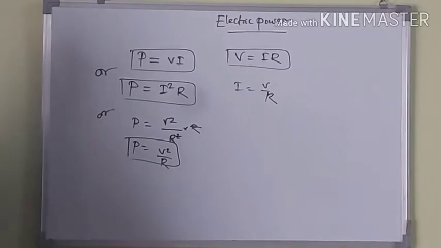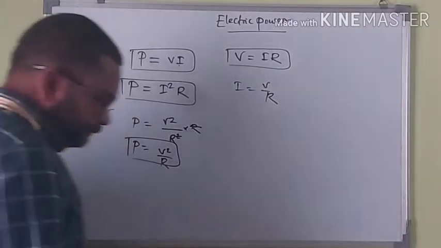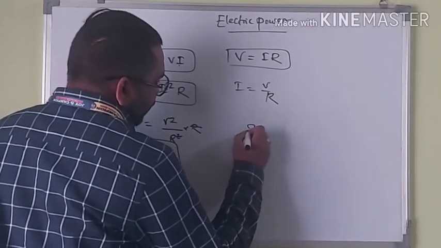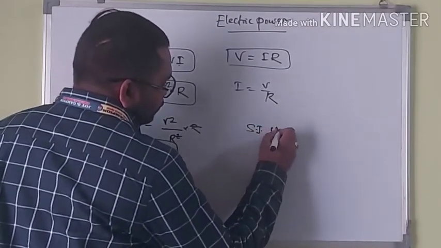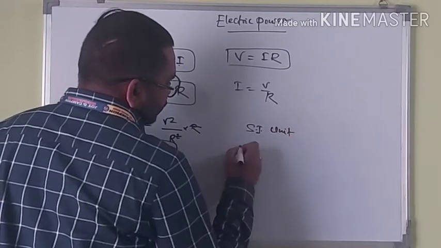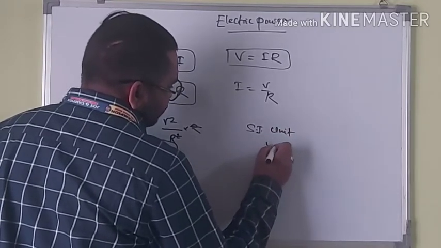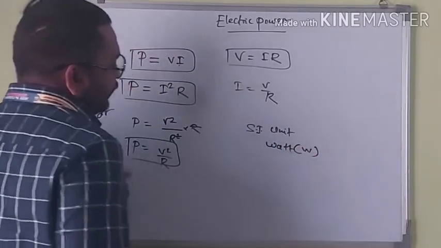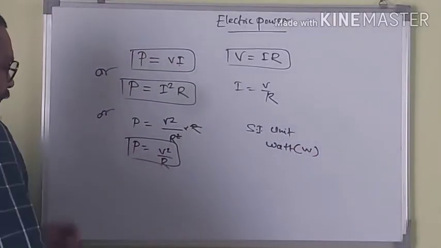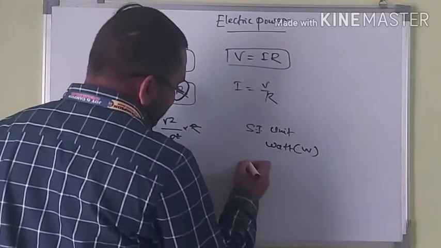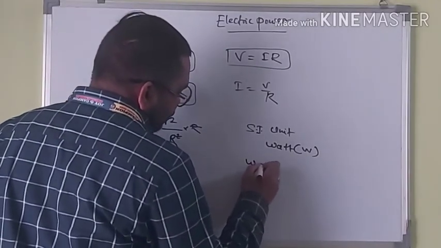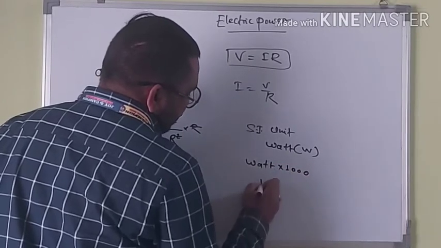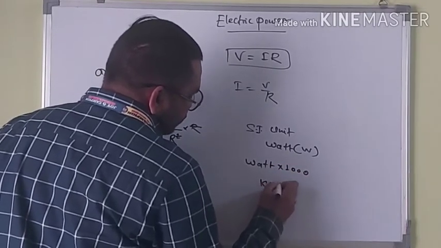Okay, so you can note these things here. So the unit of power is watt, denoted as W. It is a very small unit. Okay, so we can use it as kilowatt. So watt multiplied by 1000 becomes kilowatt.